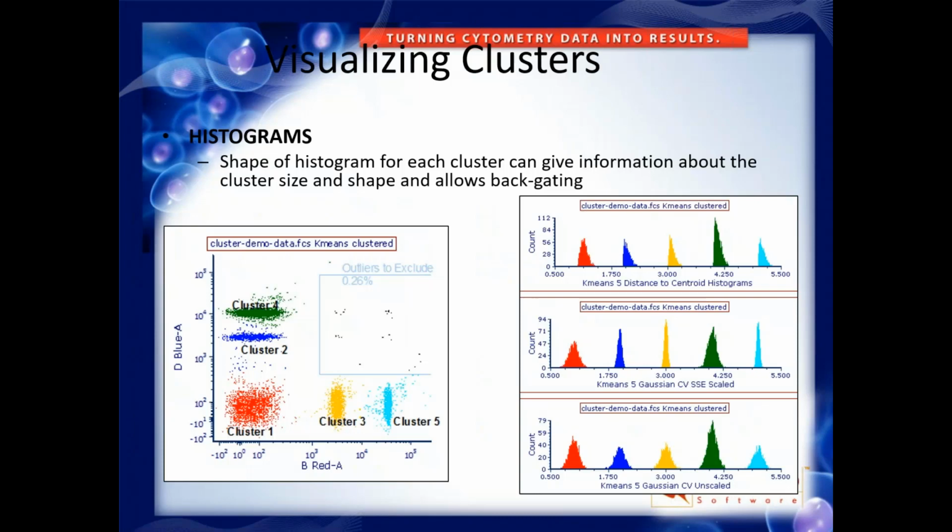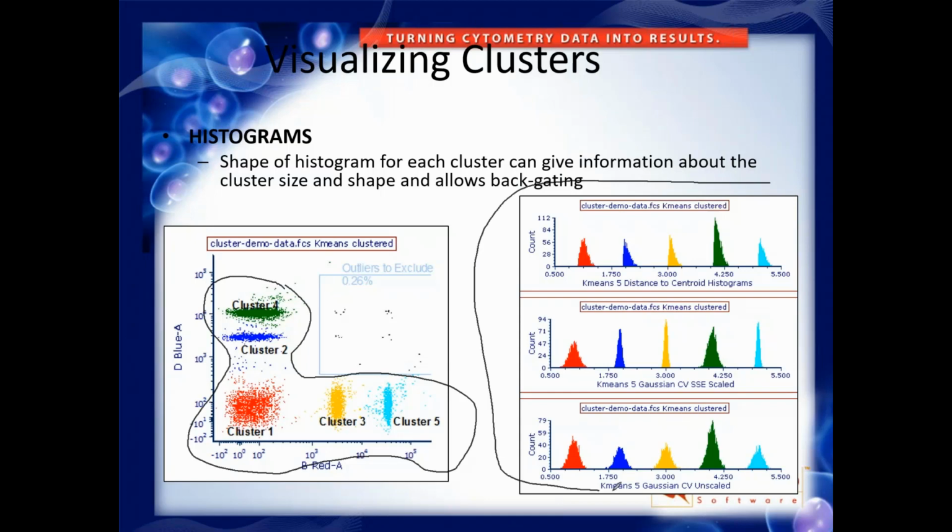You can put them on a traditional dot plot and color code them manually by the cluster ID, so you can see where they come up and try to interpret them on a dot plot. FCS Express allows you to display different clusters on these fake histograms, where each histogram peak is a different cluster, and it's just telling you different things about the shapes and statistical characteristics of each cluster.